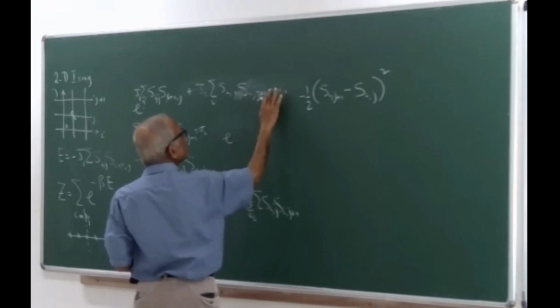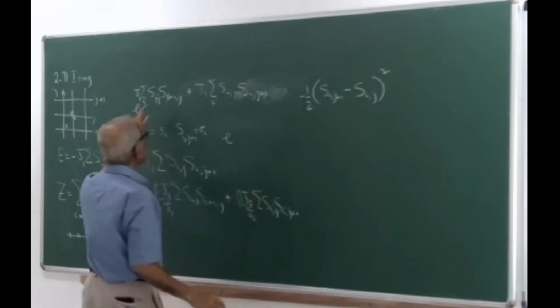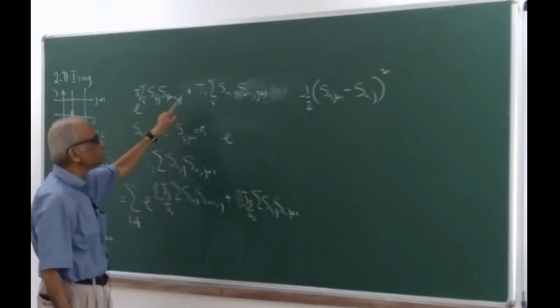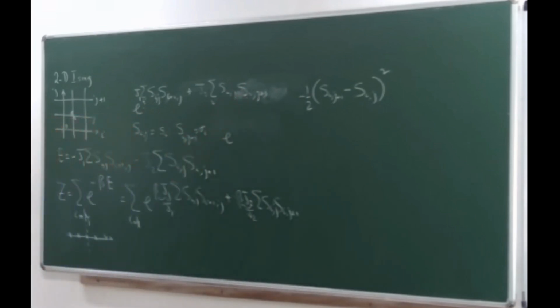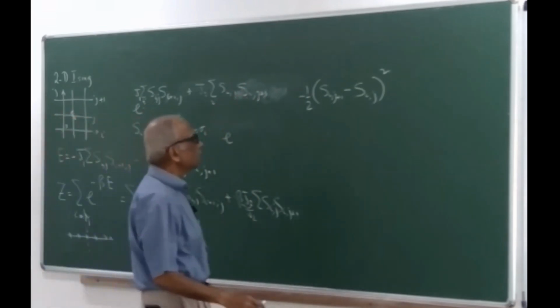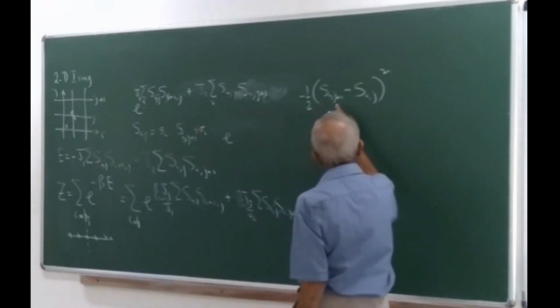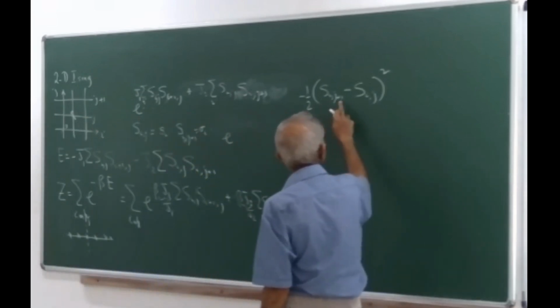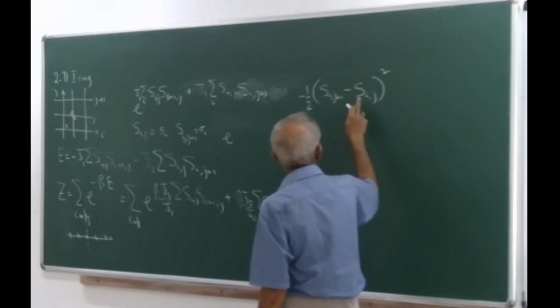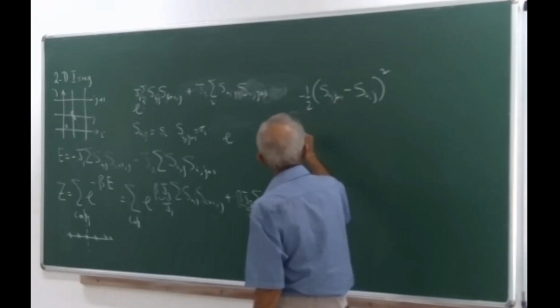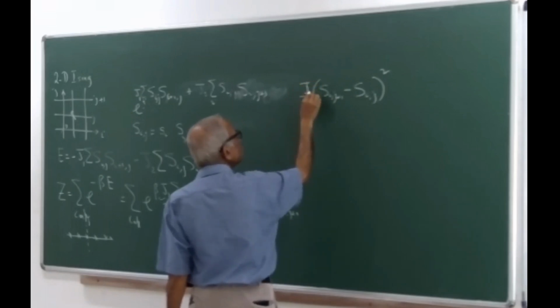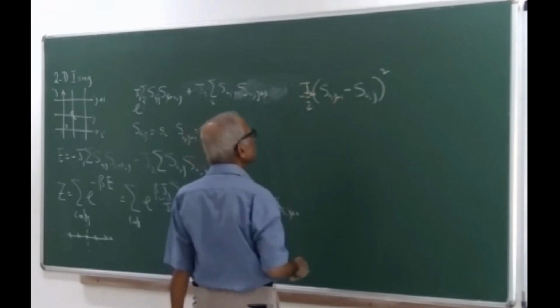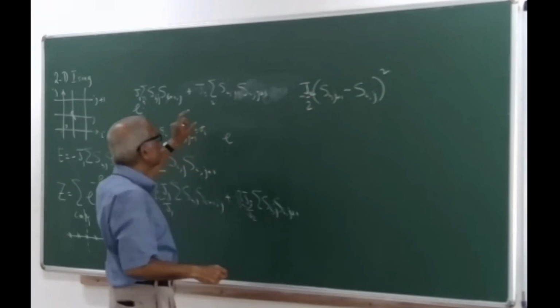Yes, so i plus 1 on a fixed j, absolutely. So this part over here is the part which is S_ij times S_ij plus 1. So this is with the J2 over here. So this minus J2 over 2 takes care of that.